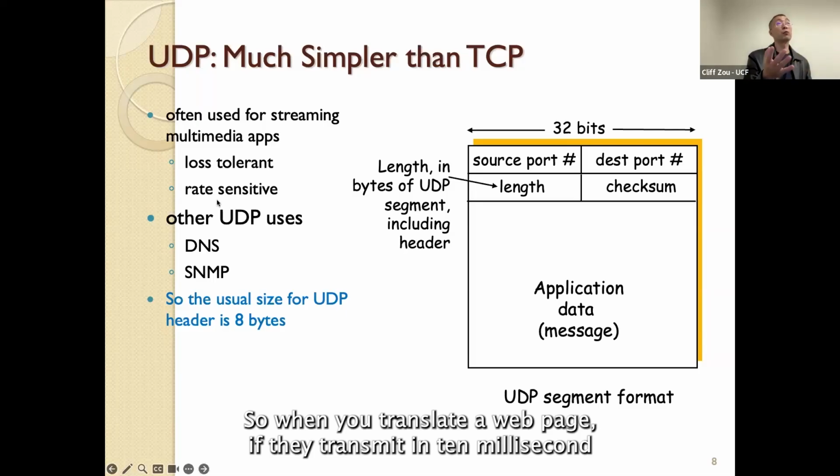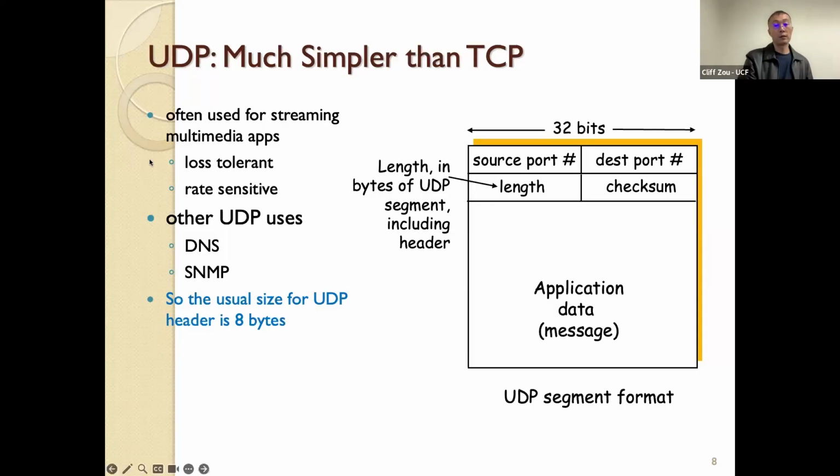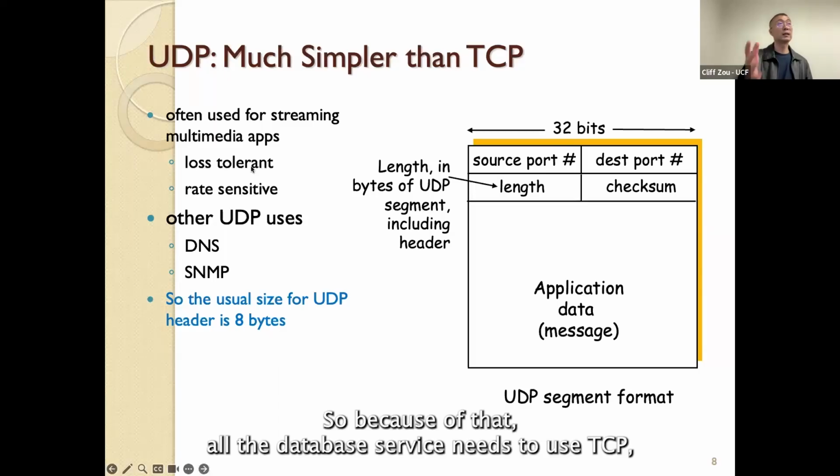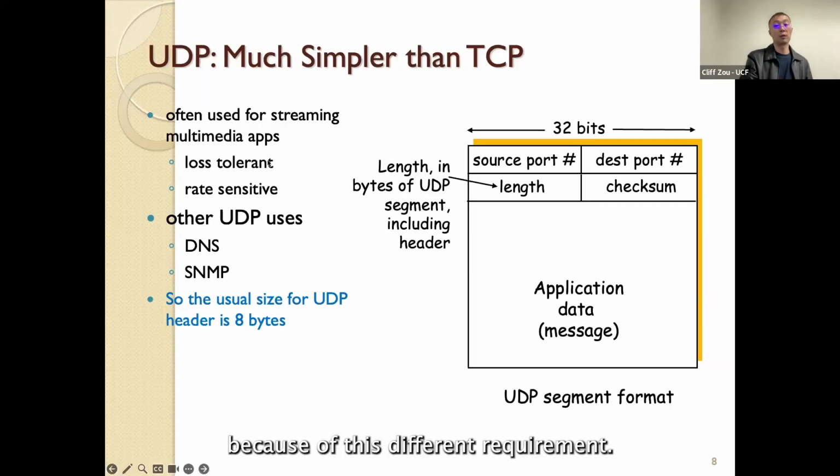When you transmit a web page, whether it takes 10 milliseconds or 1 second does not matter that much. So they can tolerate a slow transmission rate. Because of that, all the data-based services use TCP, while most multimedia services use UDP because of these different requirements.